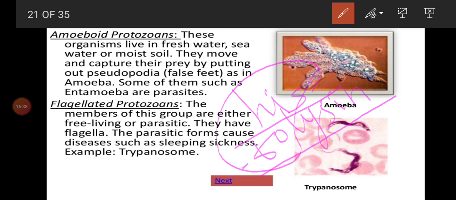So how is it coming? Because this Entamoeba histolytica feeds on red blood cells, and while doing so it releases an enzyme called histolysine. Lysine means death, so it causes death of the tissues present in the intestinal regions.